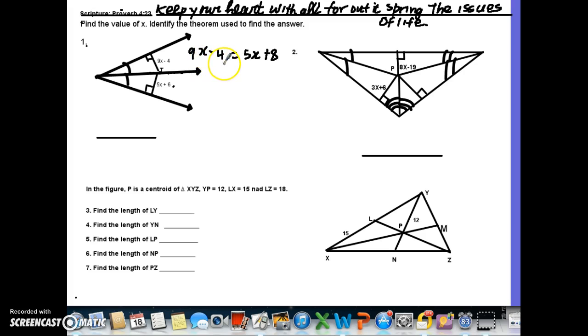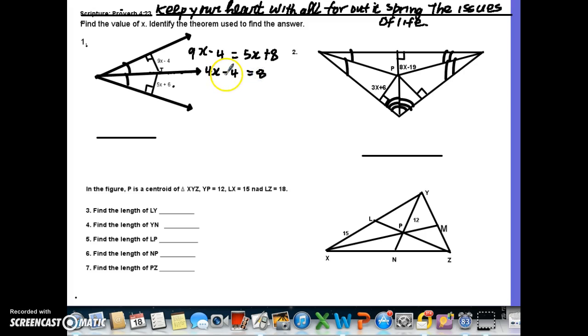You're going to be doing algebra 2 next year, so I want to get you as ready as possible. Here we're going to subtract 5x from both sides. I'm going to treat you somewhat like your algebra teacher will treat you. When you subtract 5x, that's going to be gone. 9 take away 5 over here would be 4. So this would be 4x minus 4 equals 8.